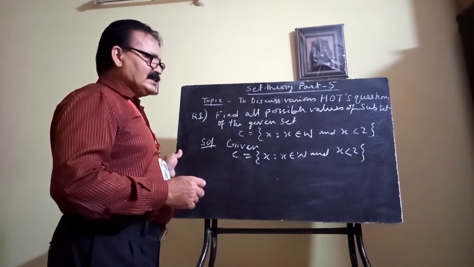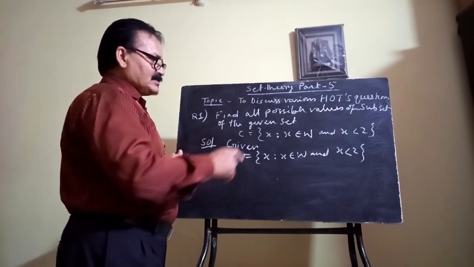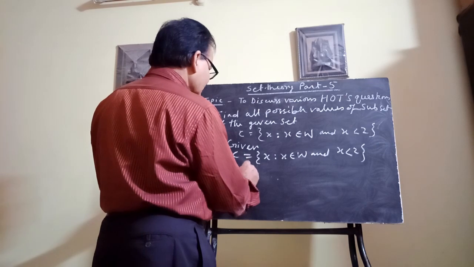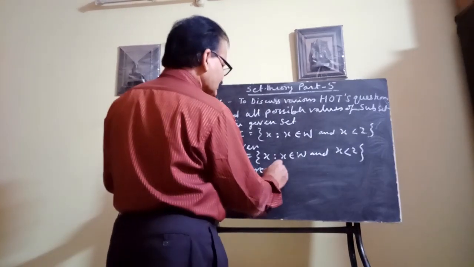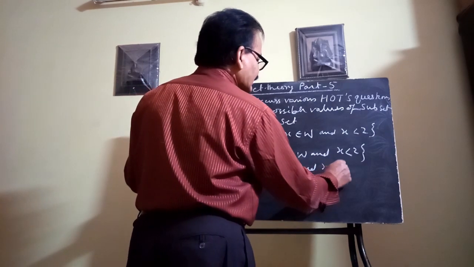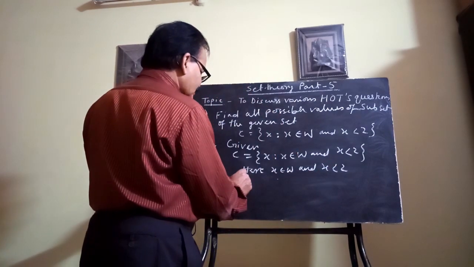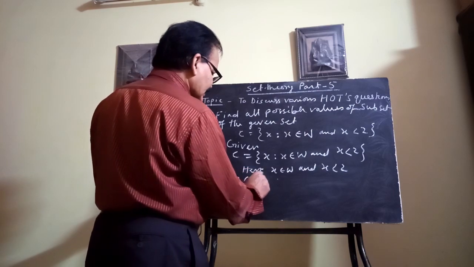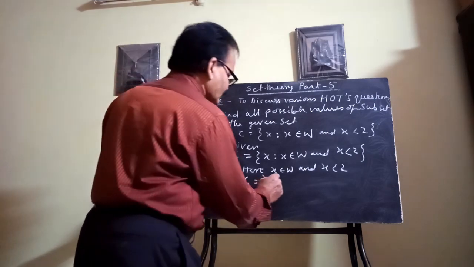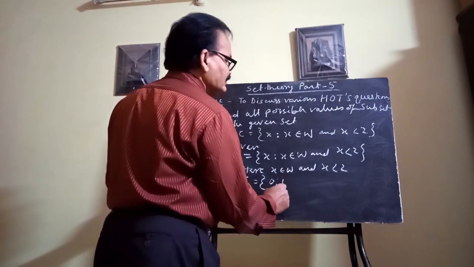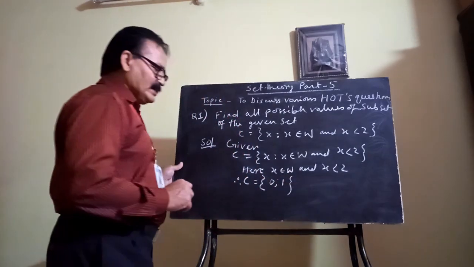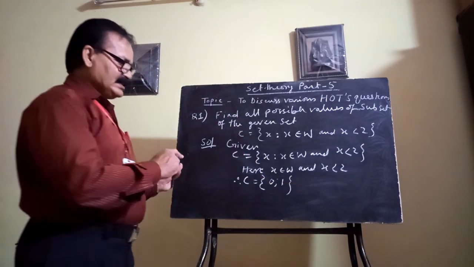You have to write it in roster form, that is in tabular form. So x belongs to whole number and x is less than 2. Therefore the set C will be, since the whole numbers start from 0, 0, 1, and it is less than 2, so only 2 elements are there in this set.